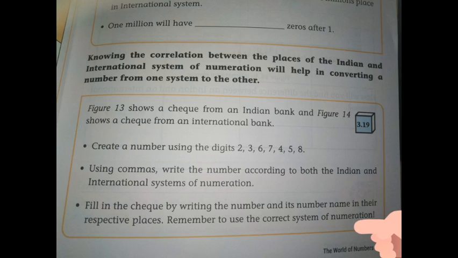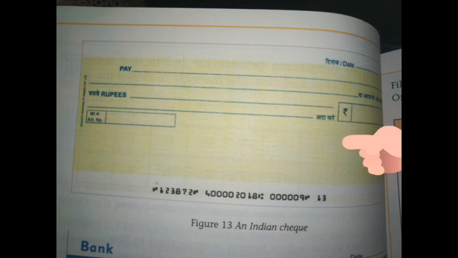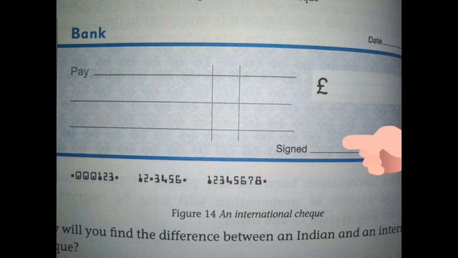Keep these 3 points in mind and write the answer for the check from an Indian bank and the check from an international bank. This yellow check represents an Indian check. You have to use the number given on the previous page and write the number name and number in the check. Similarly, this blue check represents an international check.